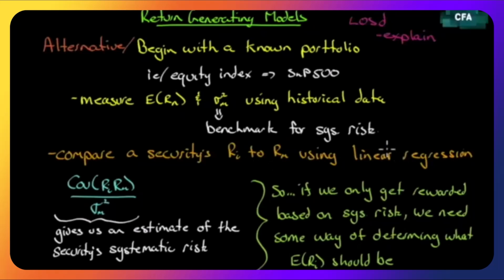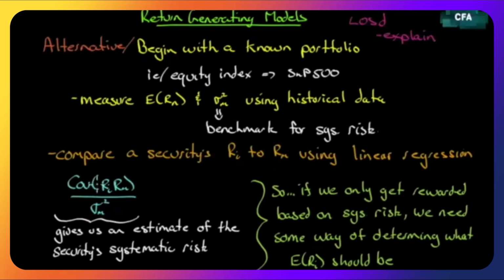What's that going to give us? That's going to give us a measure. Since we're already saying, look, you're not going to get compensated for non-systematic risk, which means the price is only capturing systematic risk, how much systematic risk does it have? We'll do a regression of the return on any particular asset and the return on the market, and we'll get some measure of how this varies with this, right?